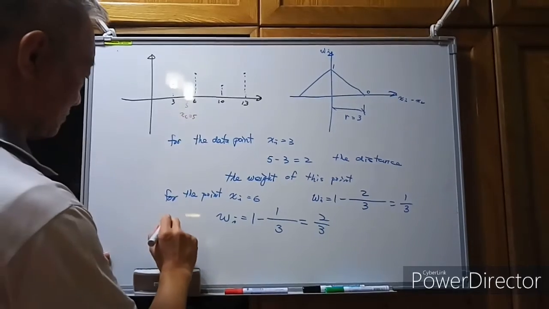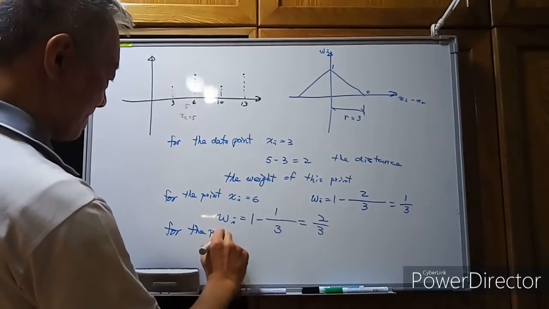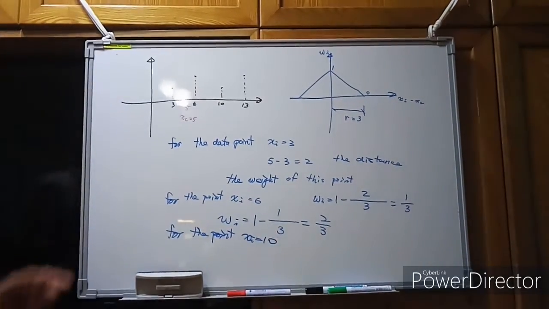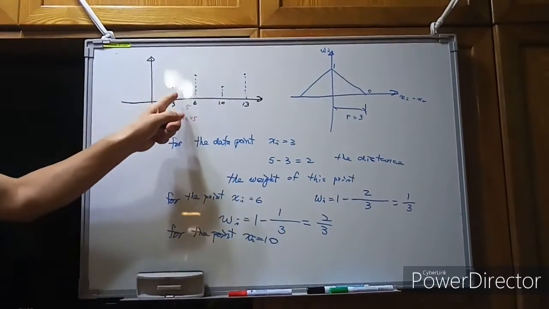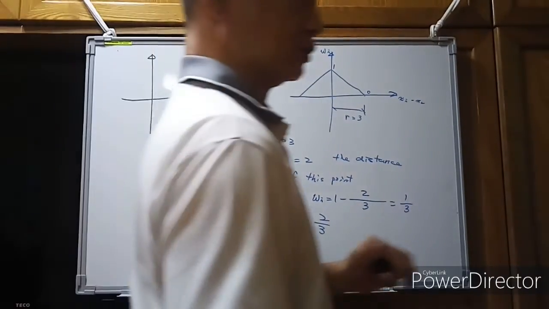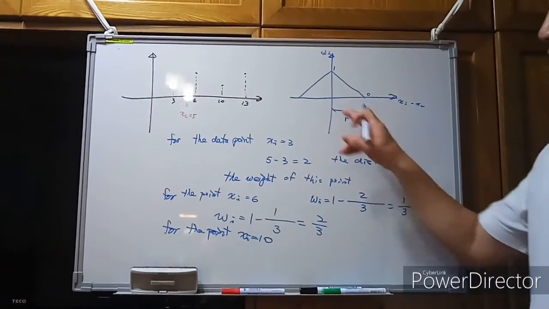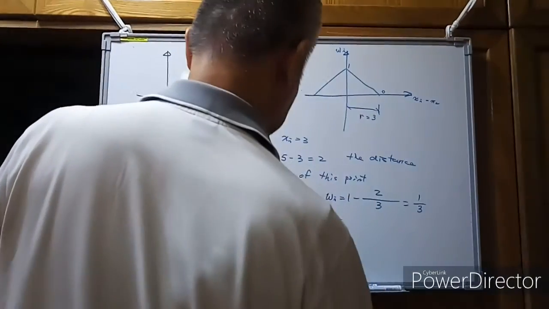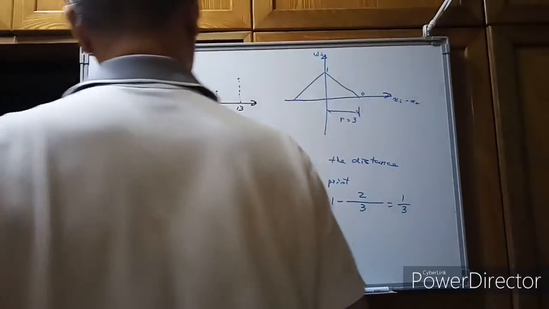And for the last point, the distance between xi equal to 10 and the center point xc equal to 5 is equal to 5. The 5 right now is greater than R. So the Wi will be equal to 0.